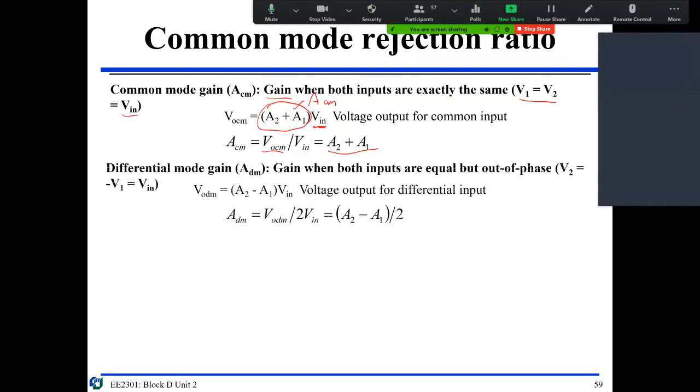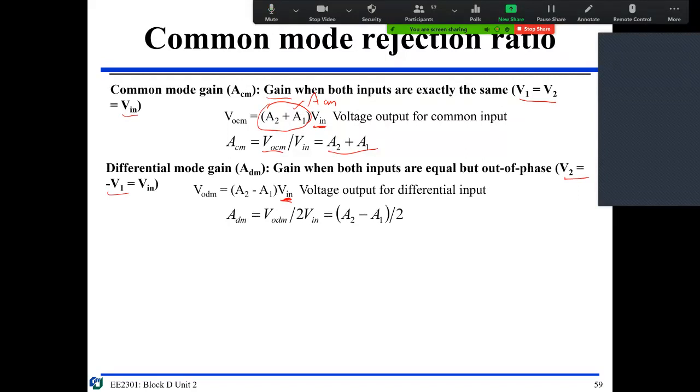Basically, differential mode means V2 and V1 have the same magnitude, but they are opposite sign. Then also equals V in. So then we try to say what is my output in this case?